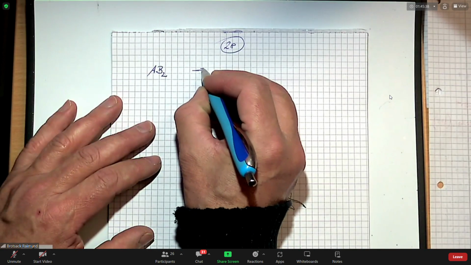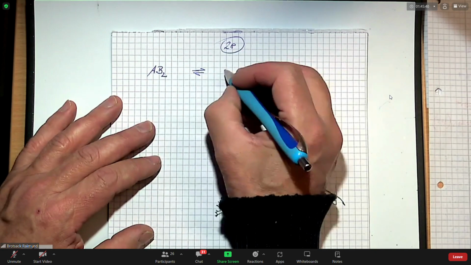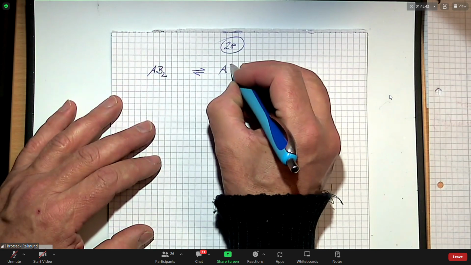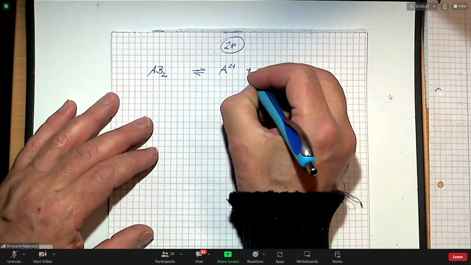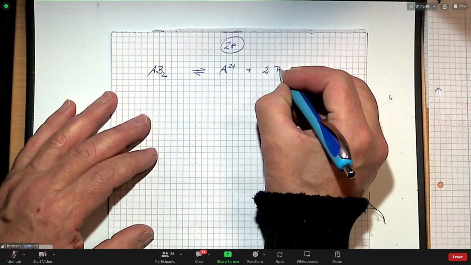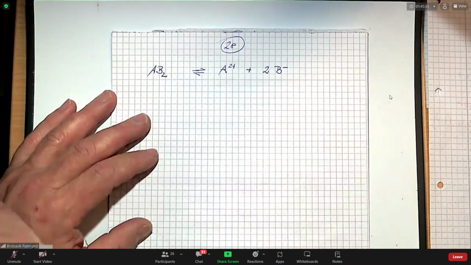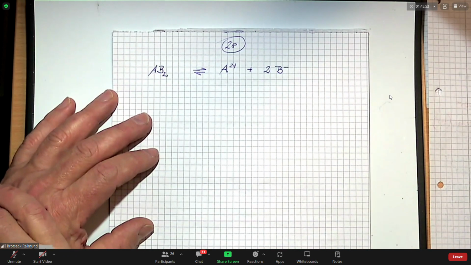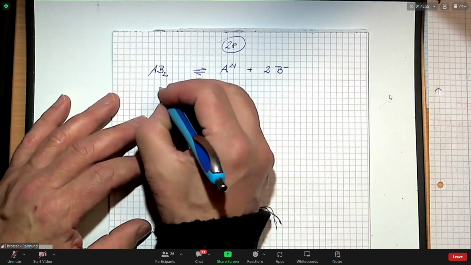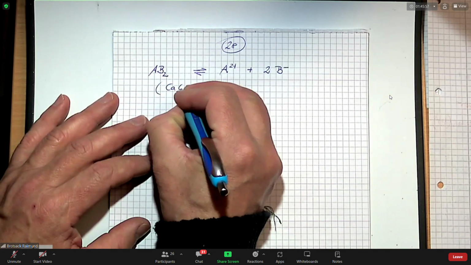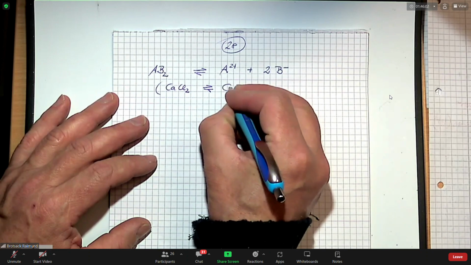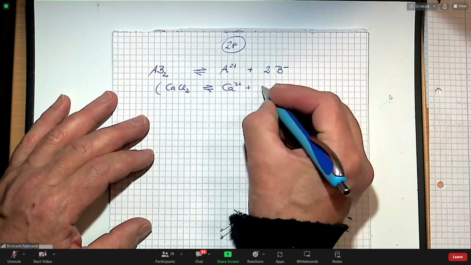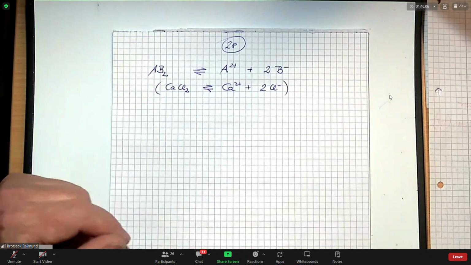Here, when we solve it, we have a cation 2 times positive charged plus 2 anions 1 time negative charged. The example was calcium chloride, for example. If we solve it, we have calcium 2 plus and 2 Cl minus.